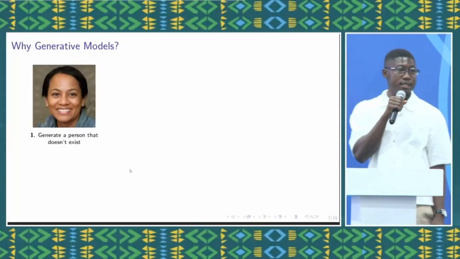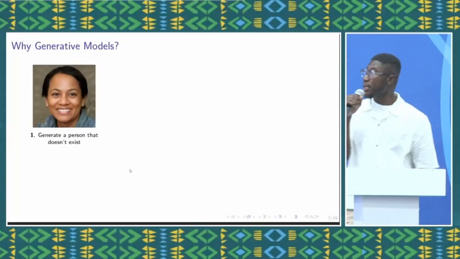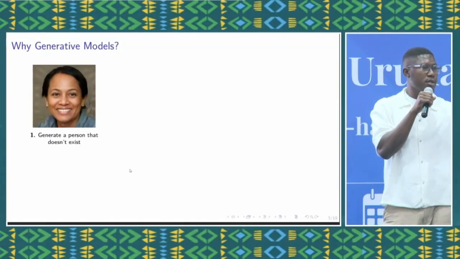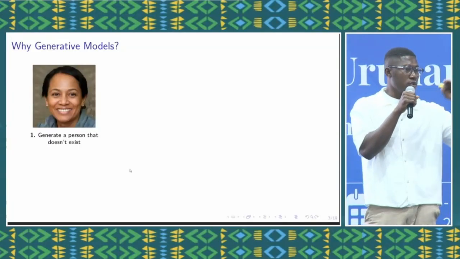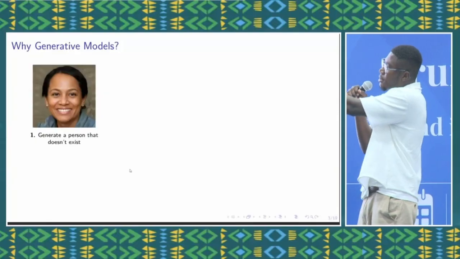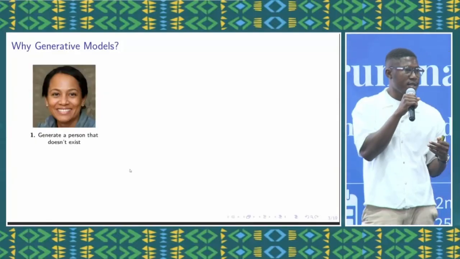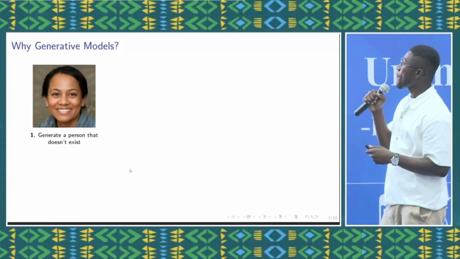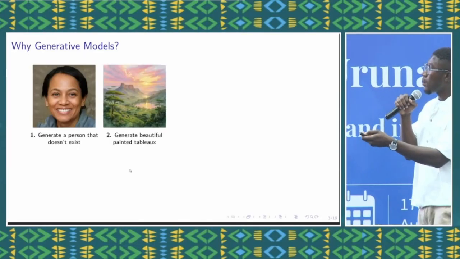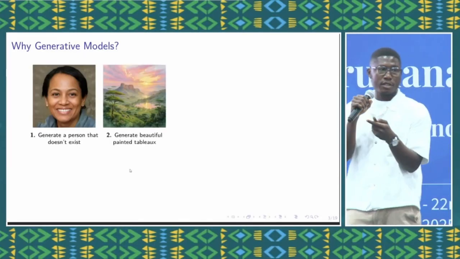Why do we need generative models? For example, here we can see that if we learn a distribution of human faces, we can generate a new image that is the image of a person that doesn't exist. Or we can also use it to generate, for example, a beautiful painting.